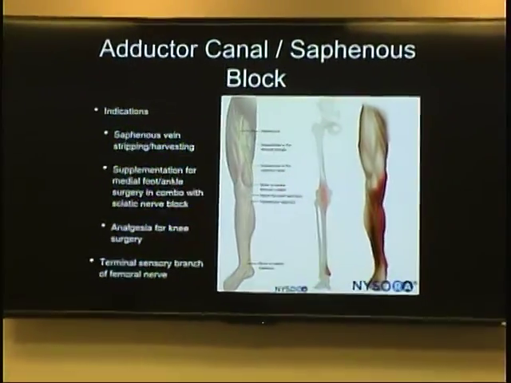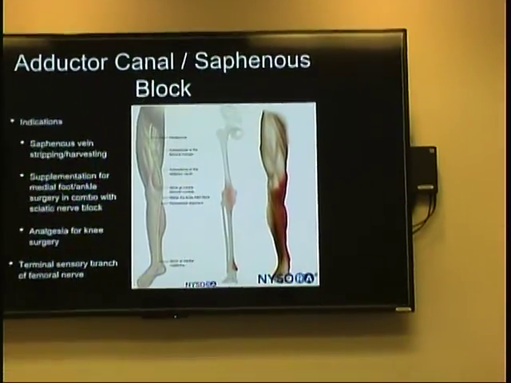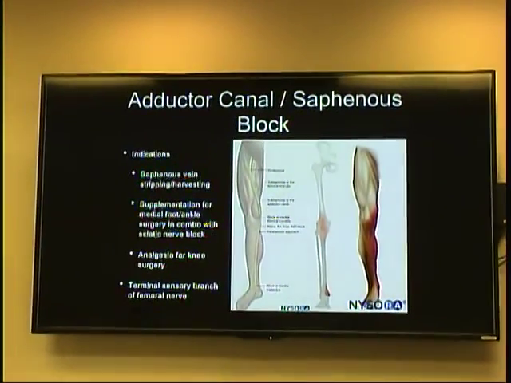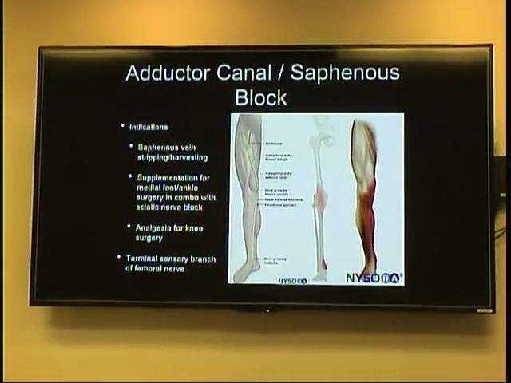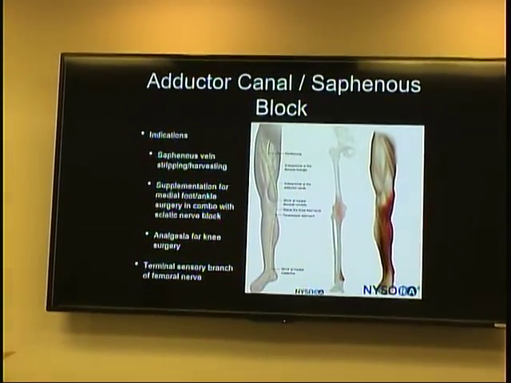The other thing that makes it frustrating is that on ultrasound it could look really good, but the patient wakes up and they're painful. That could be because the block gets the anterior portion of the knee, but not necessarily the posterior portion. So it's hard to differentiate: did the block work, or are they having pain from where the block didn't affect it?